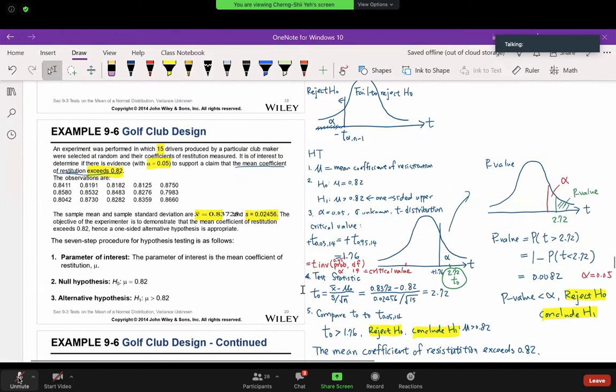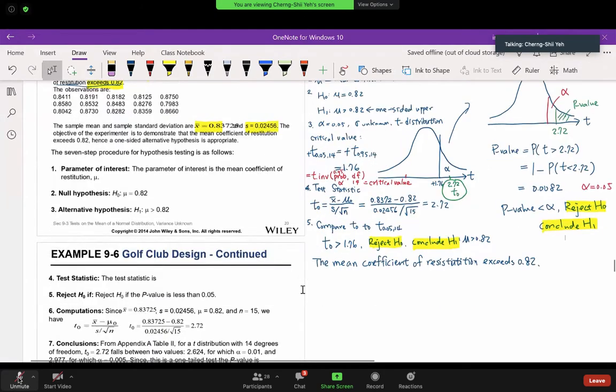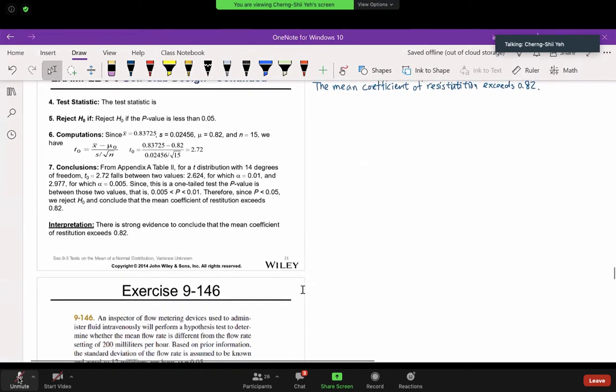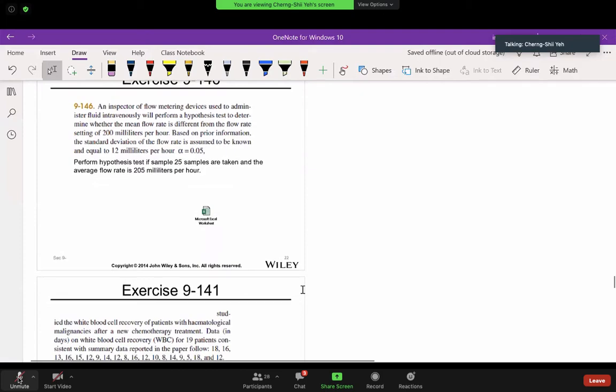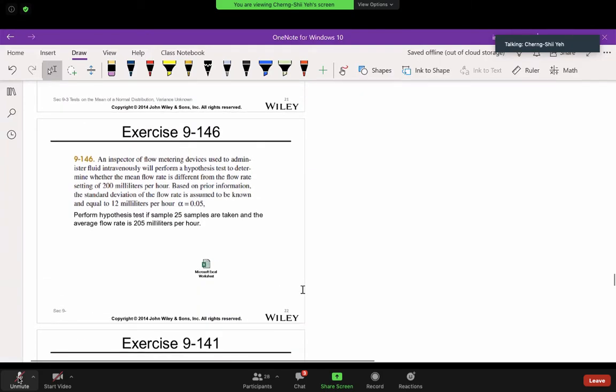That's all. After that, what's most helpful for you is to go through as many exercises as we can. I have about 4 other exercises I want to go over together. I also want to show you how to do that in Excel. Excel makes the calculation of finding the z-value, the t-value, and their associated probability a lot easier.